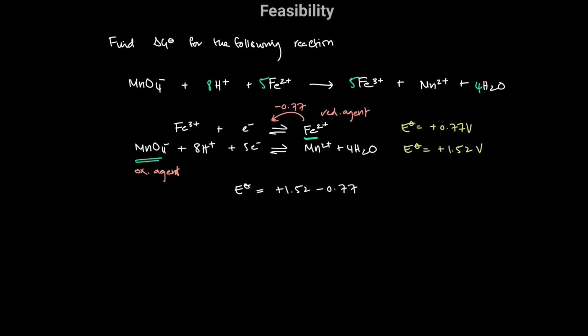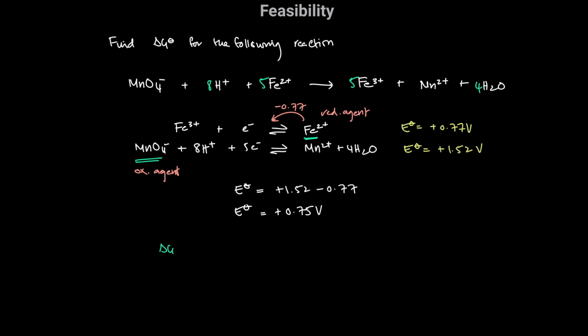So over here, we can say that the standard potential for this reaction is equal to positive 0.75 volts. Again, we had 1.52, that was for the reduction of manganate, and then negative 0.77, that is for the oxidation of iron 2 to iron 3. So therefore, the overall EMF of the reaction is positive 0.75 volts.